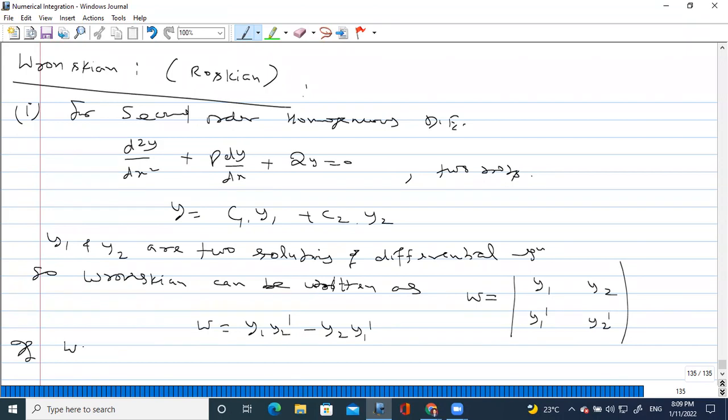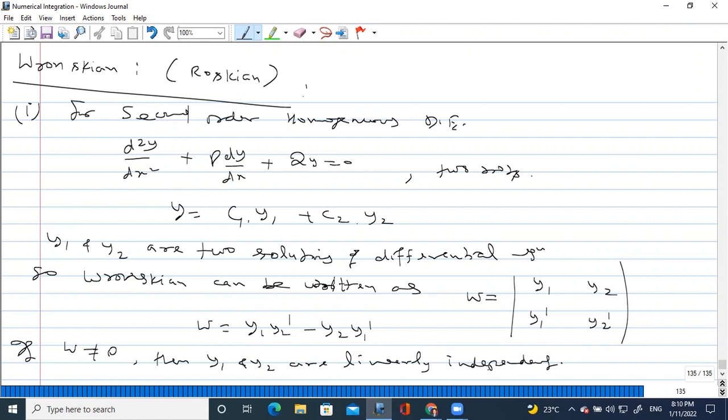Okay, now here the condition starts. If W is non-zero, then y1 and y2 are linearly independent. This question comes many times. They will give you this and they will ask you whether the solutions of this equation are linearly independent or dependent.